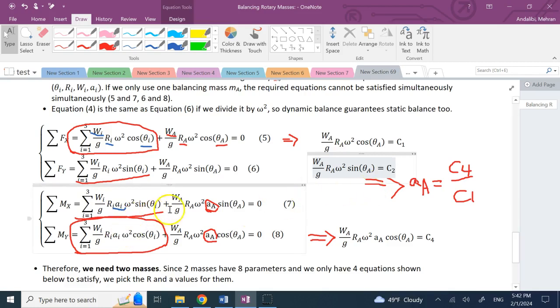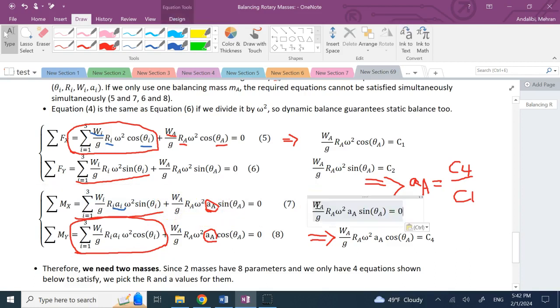And then from 7, I get this guy here is equal to C3, where C2 and C3 are these ones, this summation and this summation. Right? Now, let me do something.